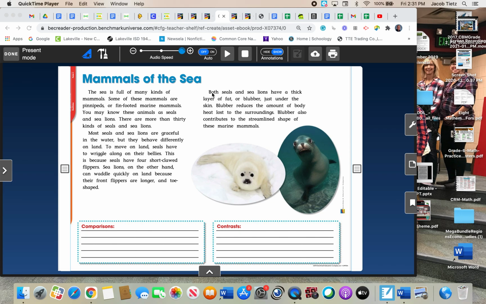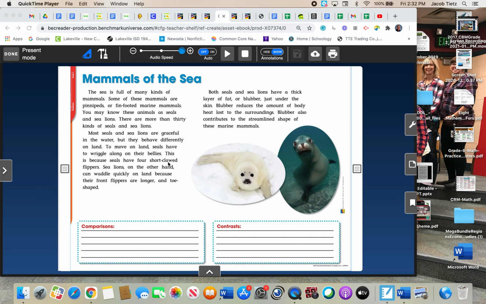Both seals, the word both shows up, and sea lions have a thick layer of fat or blubber just under the skin. Blubber reduces the amount of body heat lost to the surroundings. Blubber also contributes to the streamlined shape of these marine animals, which helps them swim.